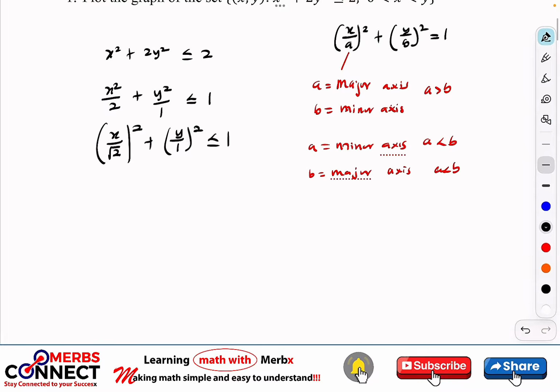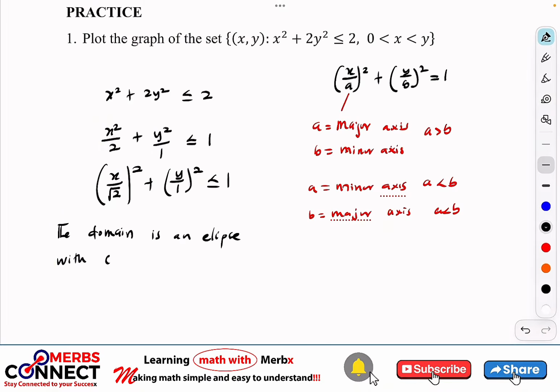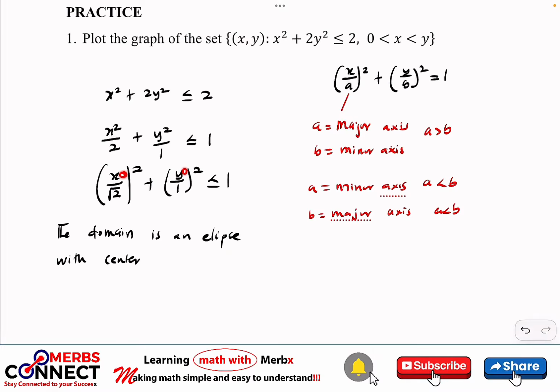So looking at this, we can see that now, but don't forget we have this one here, right? Good. So here we can say that here we have the domain. The domain is an ellipse, right? Because we have an ellipse here. It's an ellipse with center 0, 0, because remember, we don't have plus or minus h there.